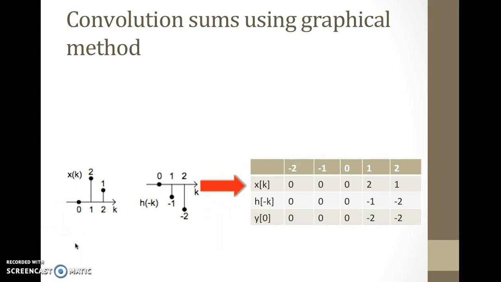Now, how to find y[0]? y[0] is the summation of all of this: 0 plus 0 plus 0 plus minus 2 plus minus 2 becomes minus 4. So at n equals 0, y[0] is minus 4.